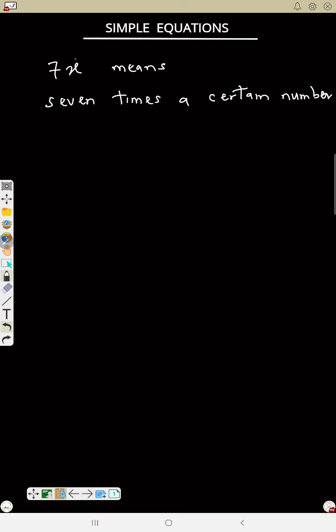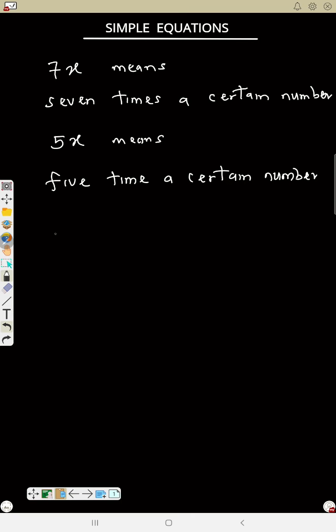That's the meaning. 7x means 7 times a certain number, because we don't know this x. Now what can you say about this number 5x? So it means 5 times a certain number.